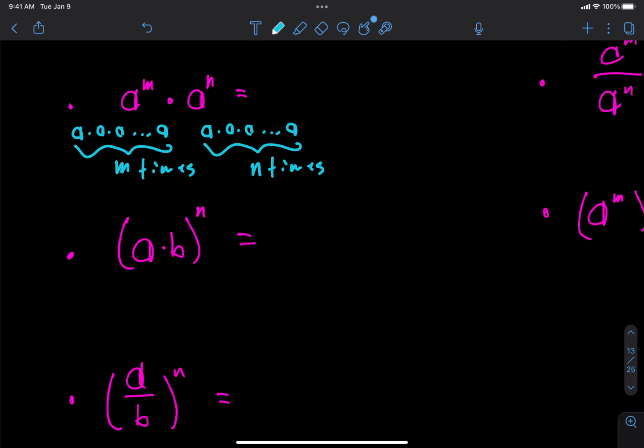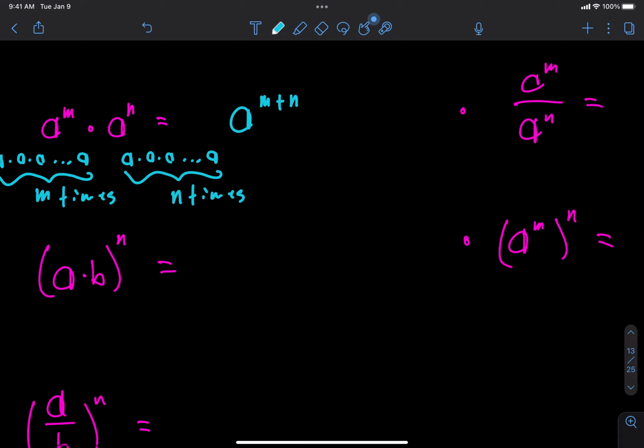So how many total a's am I going to have? I'm going to have all the m ones from the first part plus all of the rest of them from the n part, right? So when we do a to the m times a to the n, what am I going to get? A to the m plus n.